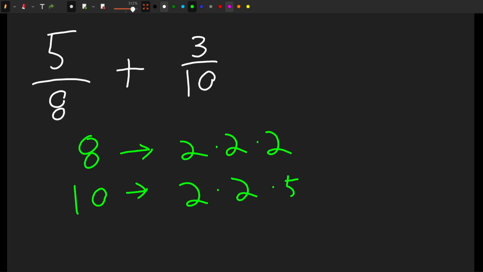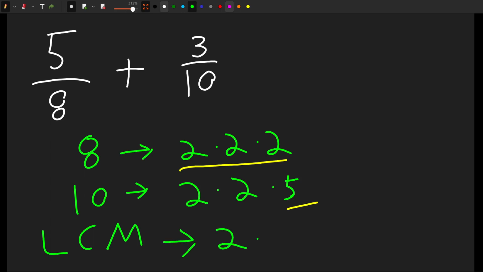And this is actually a very similar problem to what we did in the previous video. In this case, my lowest common multiple, I'm going to take the 3 2's from the 8 and the 1 from the 5 from the 10, and I will be left with 2 times 2 times 2 times 5, which gets us to 40.